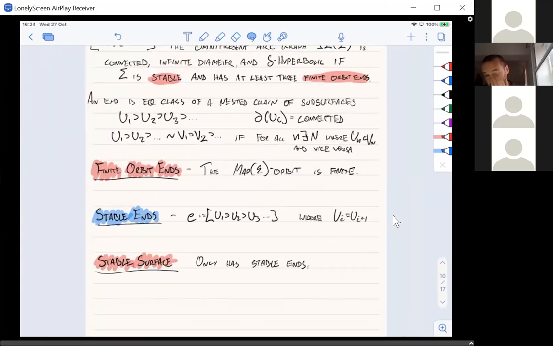A stable end is one, and actually every end I've drawn, every surface you've seen today has had only stable ends. I've only drawn 2 surfaces in my life which weren't stable. So a stable end is where, as you go out to infinity, you just get the same picture over and over again. So all of these Ui are homeomorphic.